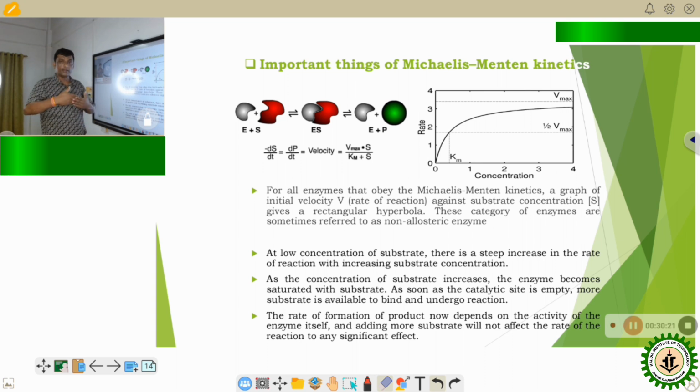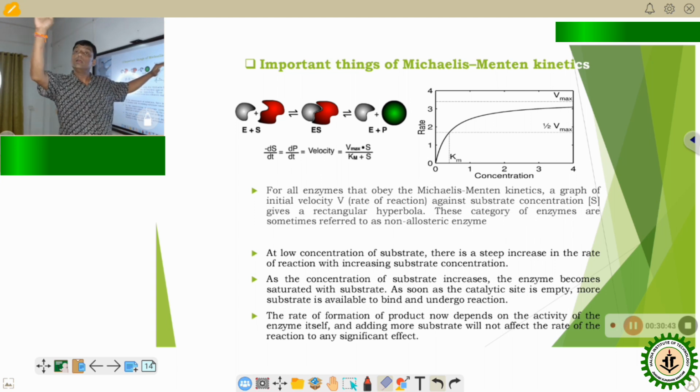After that, no enzyme is available, so no enzyme substrate complex forms. After reaching that, it is called maximum velocity.